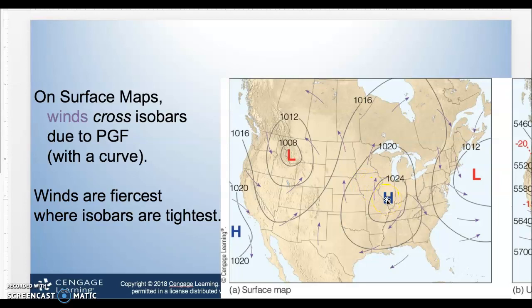The pressure gradient force will go from high pressure to low pressure, and it should be directly from high pressure to low pressure, but we've already learned that other forces act beyond the pressure gradient force. Those other forces include friction and the Coriolis effect, so it makes curving motions out of high pressure zones, and it makes curving motions into low pressure zones.